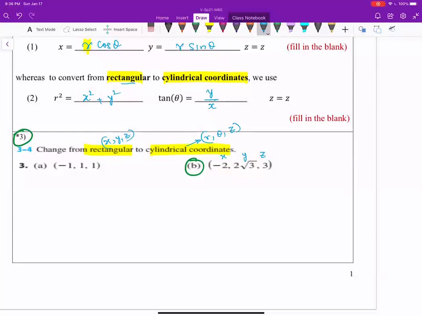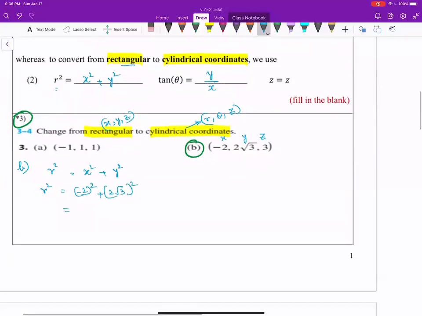So let's use the relation, the second equation: r squared equal to x squared plus y squared. So r squared equal to negative 2 squared plus 2 radical 3 the whole squared, which would be 4 plus 4 times 3, so that will be 16. So r squared is 16, r equal to 4. Then we got r, which is one of the cylindrical coordinates.